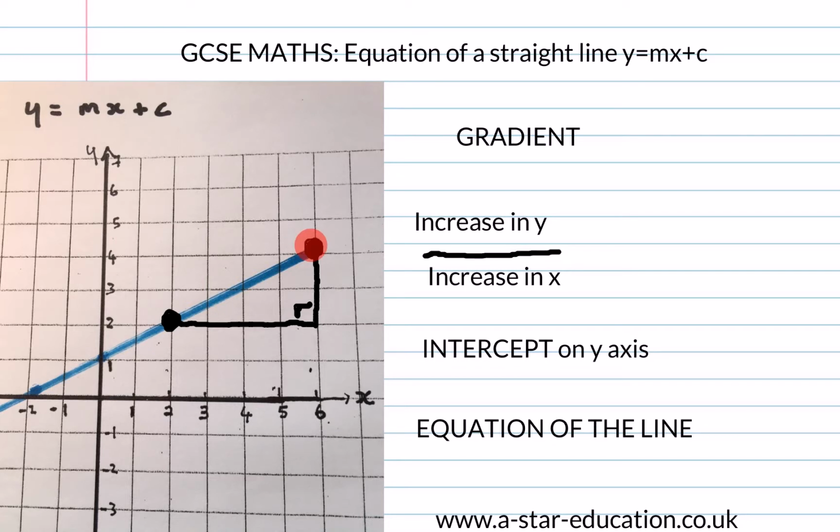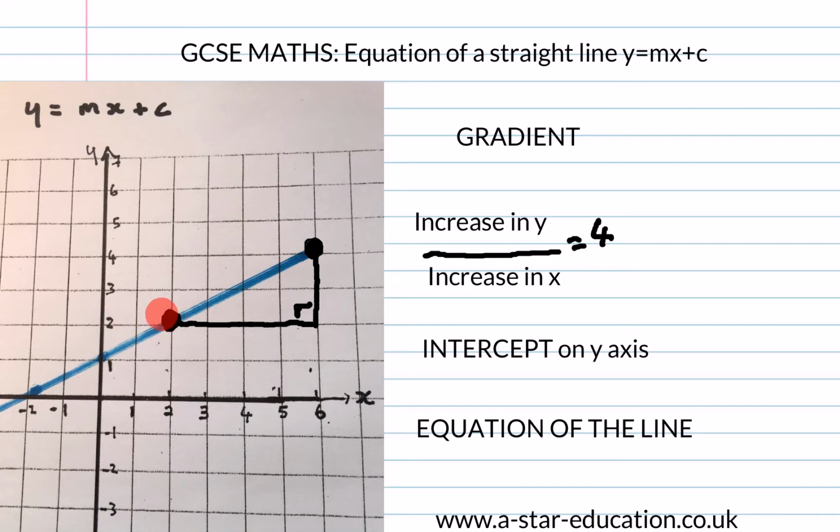Looking carefully at this point here, the top of it, its y coordinate appears to be 4, so this is y equal to 4. We'll write that down. And looking at the corresponding y coordinate here, this is y equal to 2.